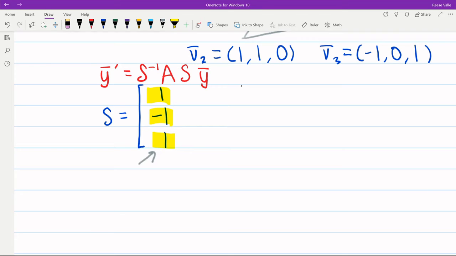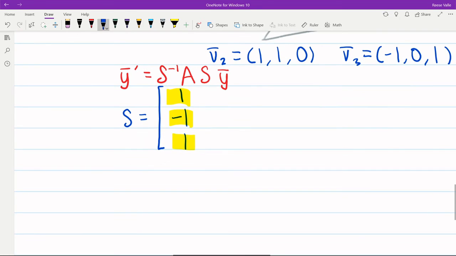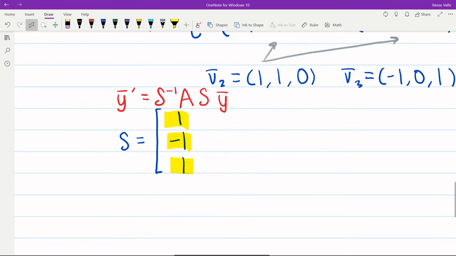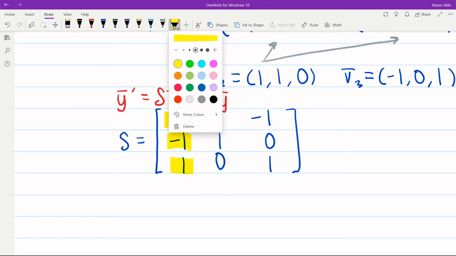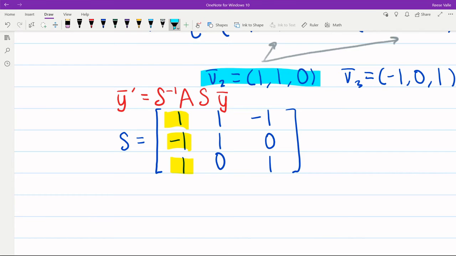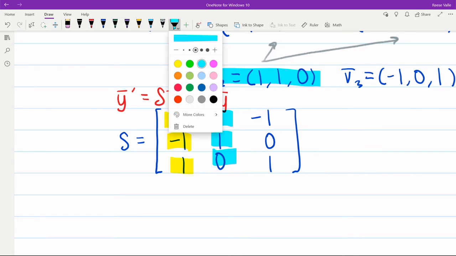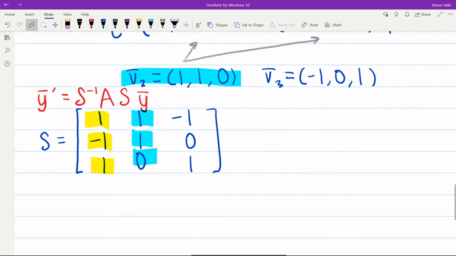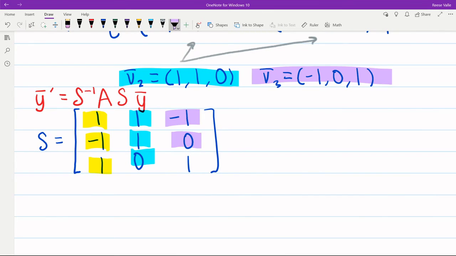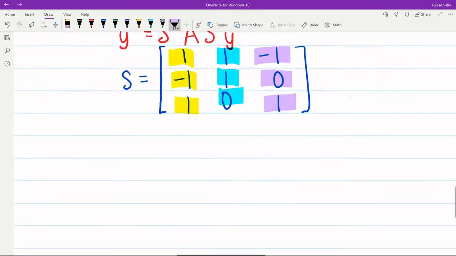It should be fine. So mine is going to be 1, -1, 1, and then 1, 1, 0, -1, 0, 1. That is my S matrix. There we go, just so you can more clearly see that is where it came from.